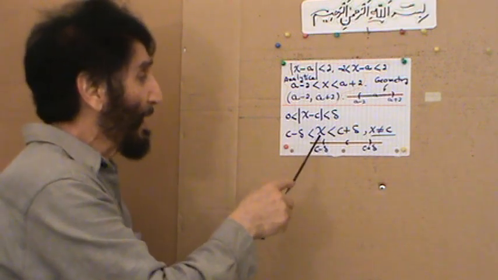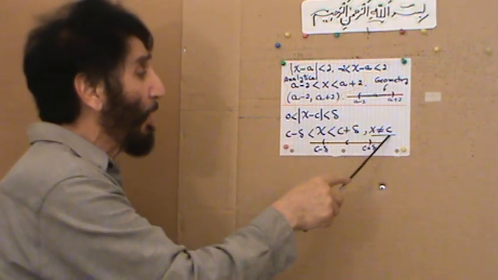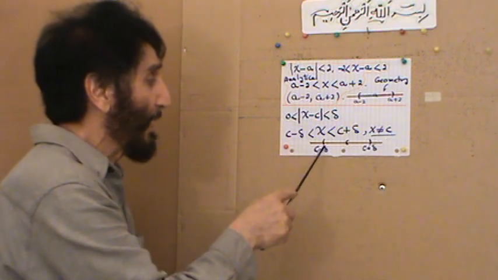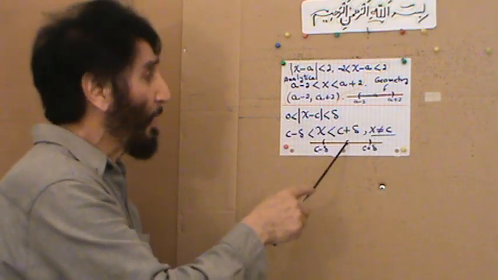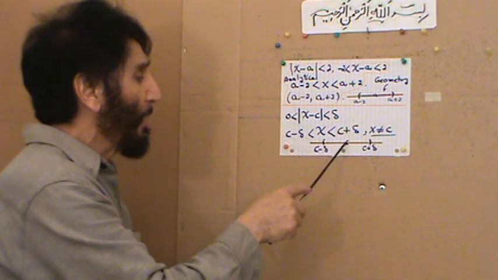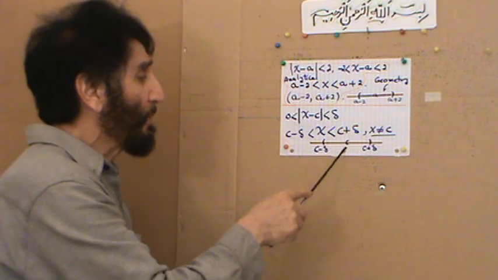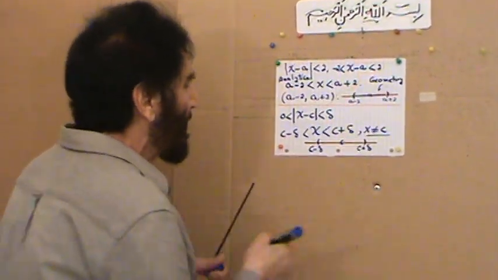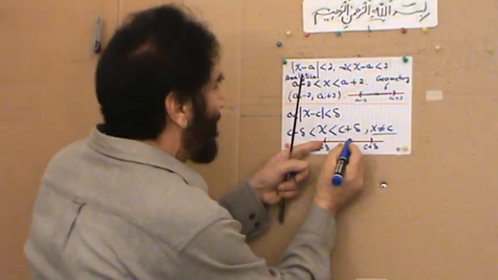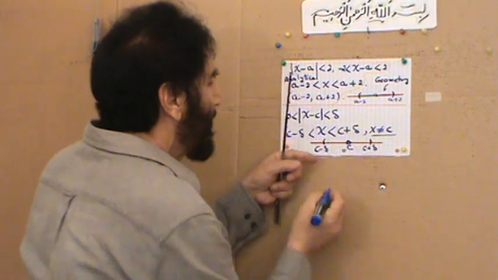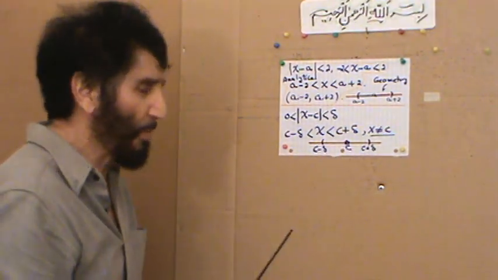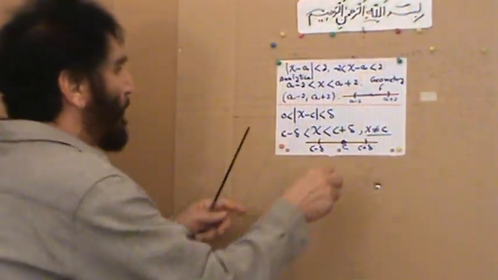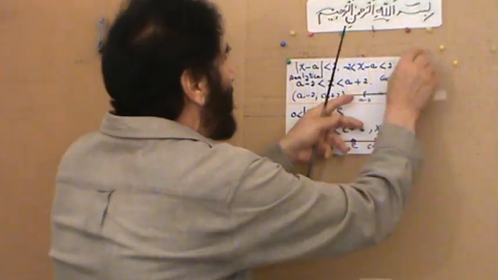I say x is between this and this, but x is not equal to c. That is the geometrical representation: I put c here and a hole there, which means x cannot assume the value of c. Okay, so far so good.